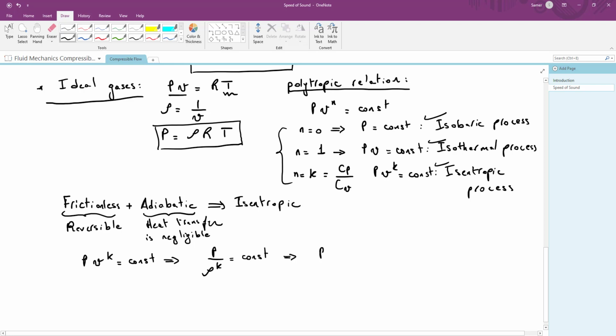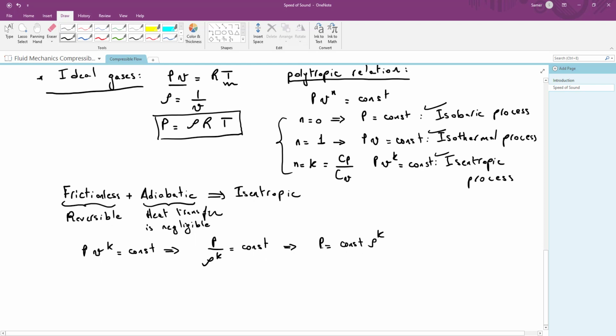Now the pressure will be equal to the constant times rho to the power K. Let's differentiate this equation. We'll have dP equal to the constant times K rho^(K-1) d rho. So now dP over d rho for this isentropic process is constant times K rho^(K-1).